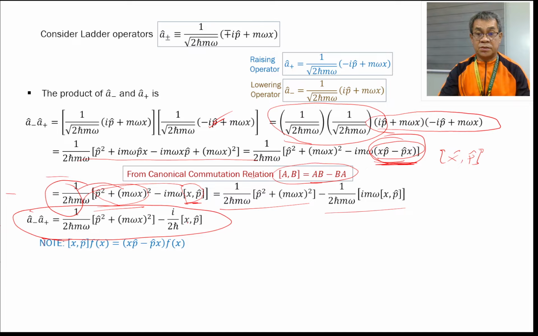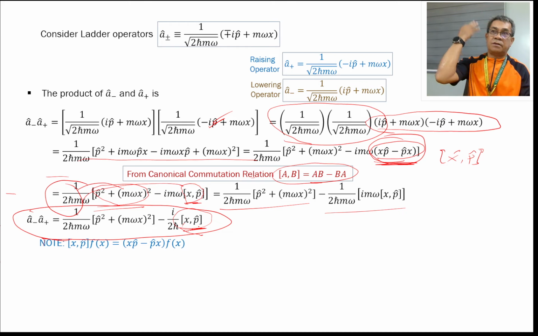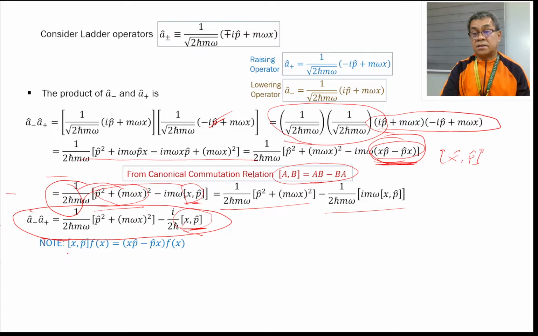An operator is a device that can operate on a function. If we let the operator act on something, then expect something to happen. Since the commutator is a kind of operator, let this operator act on any function, let us say f, then of course the expansion of this is just equal to that.